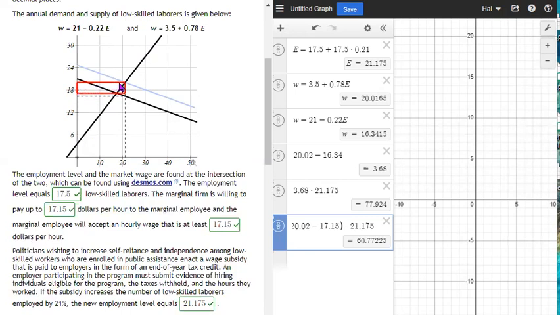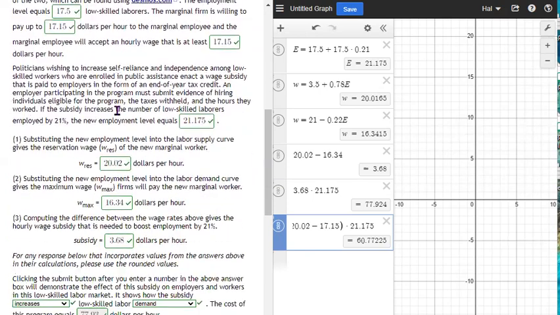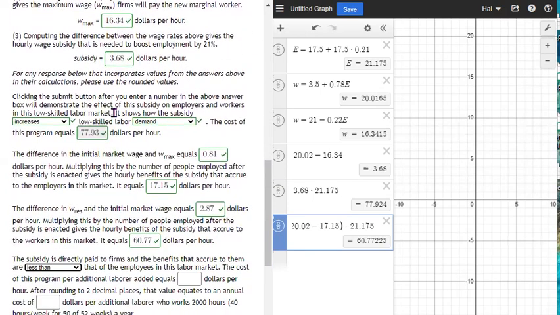Whereas this red box are the benefits that accrue to the employees. So although the firms are given the money, the benefits that accrue to them are less than the benefits that accrue to their employees, right?